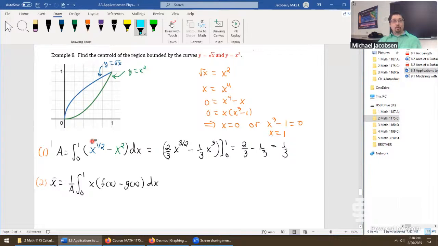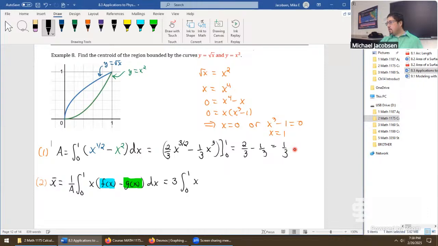Just like with the area, the order you put in the functions matters. But once you've got it once right here, just copy it down in the same corresponding way everywhere else, and you're in good shape. So that's just going to be f of x there for x^(1/2), x squared for g of x. And now we have reciprocal of 1/3, so that's just 3.